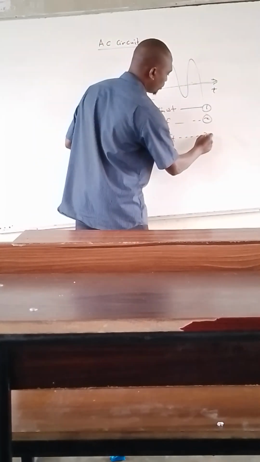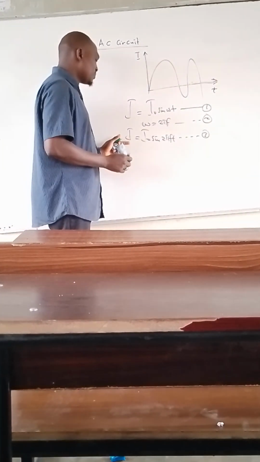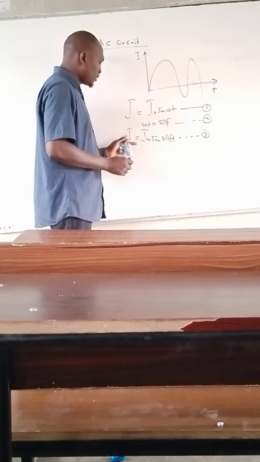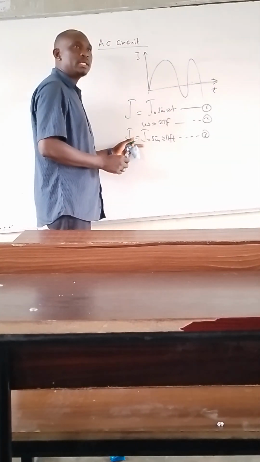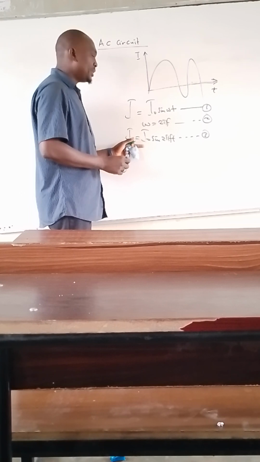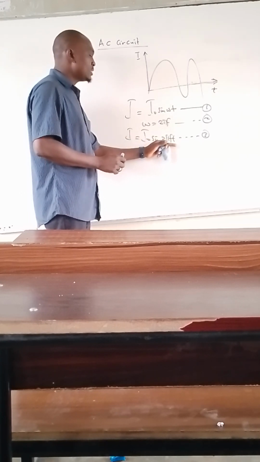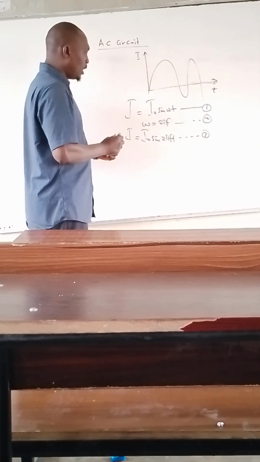We call this equation 3, where I is specifically called the instantaneous current, while I naught is referred to as the maximal value of current or the peak value of current. The f is our frequency in hertz, and t is our time specifically.